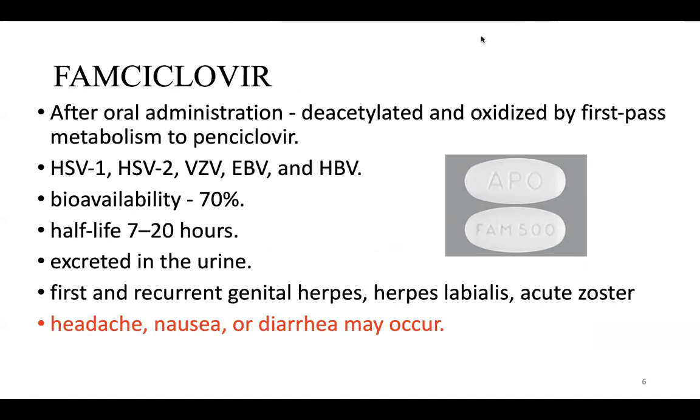The bioavailability of penciclovir from orally administered famciclovir is 70%. The intracellular half-life of penciclovir triphosphate is prolonged at 7 to 20 hours. Penciclovir is excreted primarily in the urine.